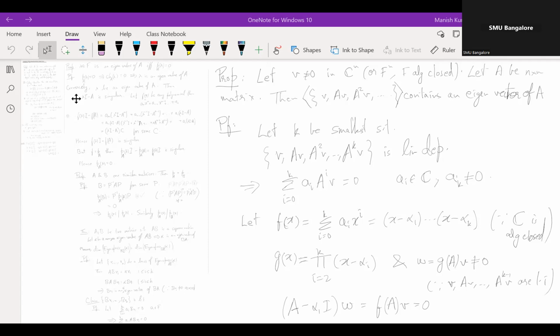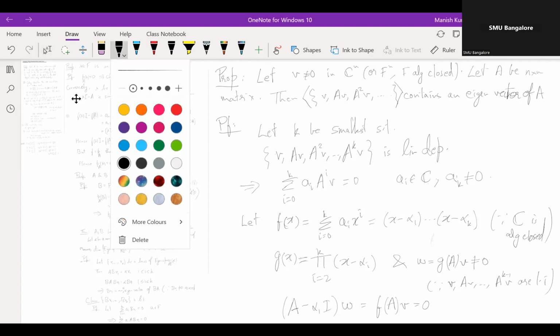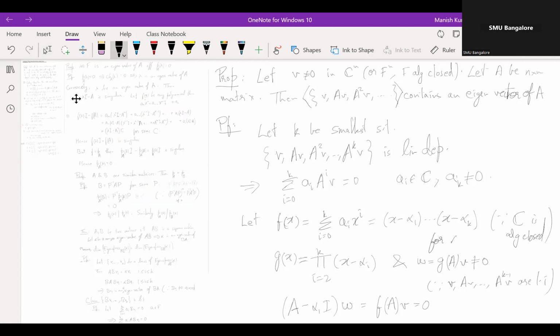So for alpha i in C, we are not asserting that the alpha i's are distinct. Now you look at g(x), where you drop one of the alpha i's, for instance alpha 1. Look at g(x) to be the product of x minus alpha i over the rest.